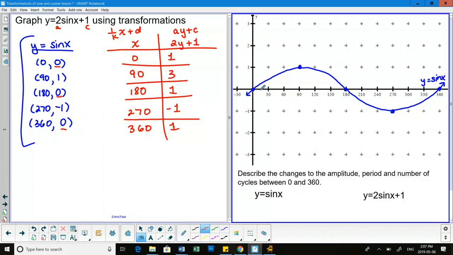Okay, and then we're going to graph our transformed function. This one I'm going to do in red. And then again, nice smooth curves here as best you can.